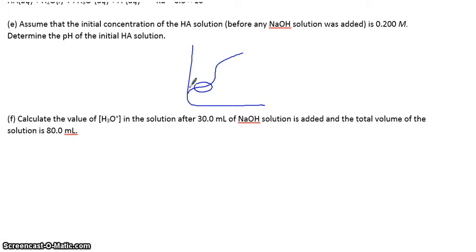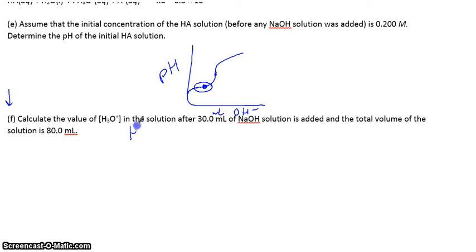And since we have a buffer, we have to consider both the conjugate base and the original acid. So actually, this is the tough question. If you remember, we did titrations all the way across, and we determined the pHs all the way across this titration, and we're going to find what the pH is roughly right here. This is pH, this is milliliters of base added.